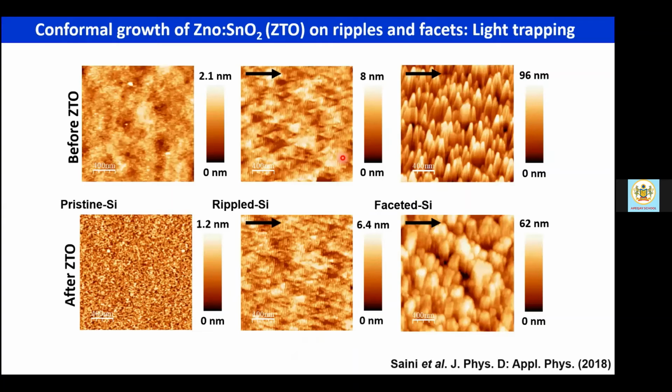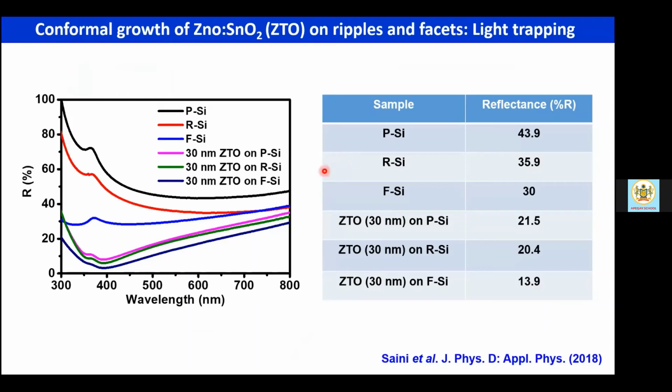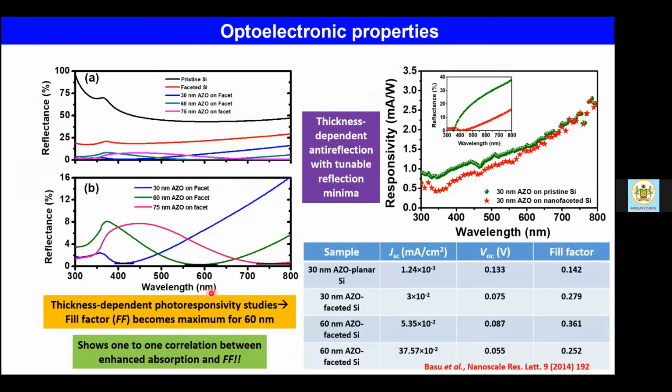And then both these ripple patterns and faceted surfaces could be utilized to deposit another transparent conducting material in the form of zinc tin oxide. Zinc tin oxide gives rise to a similar kind of reduction in reflectance, so basically more light absorption. And regarding the aluminum doped zinc oxide, by varying the thickness of the aluminum doped zinc oxide layer grown on the rippled silicon or faceted silicon, we could show that thickness dependent photoresponsivity actually helps improve the fill factor and light absorption as well.